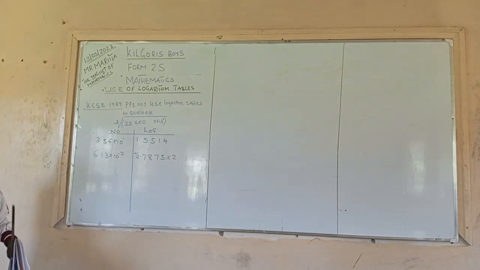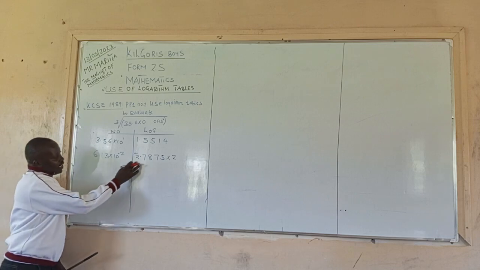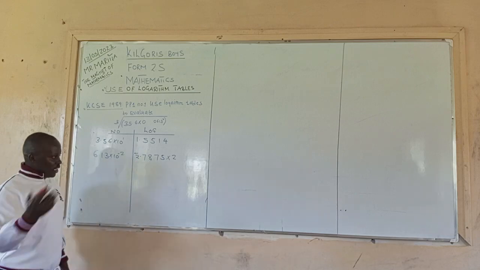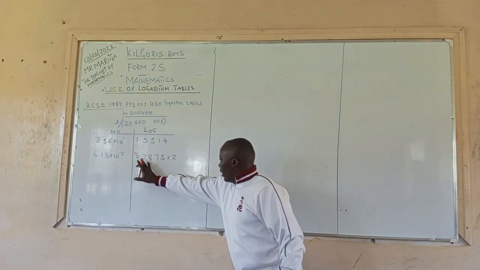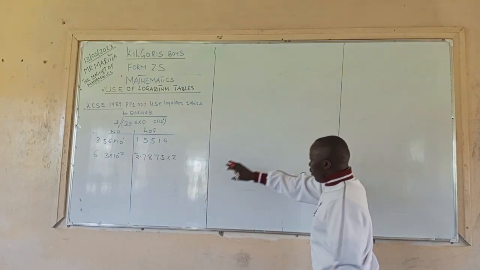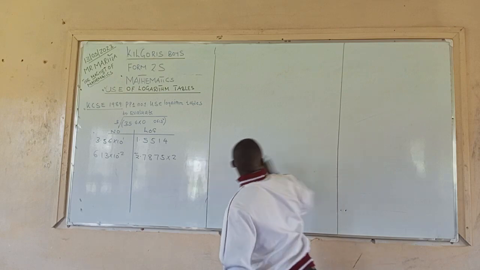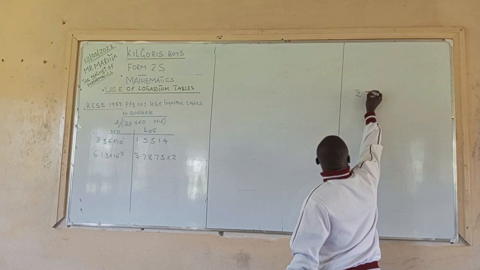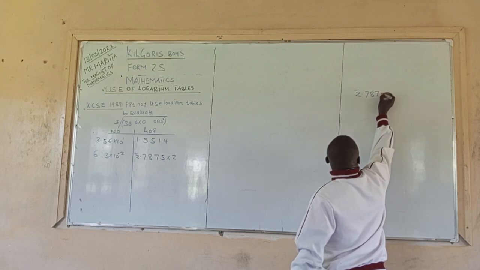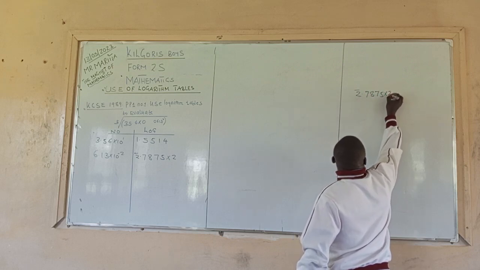Now, you are not supposed to use the calculator directly because you will get a wrong answer. To work out this one, you are supposed to separate the characteristic and the mantissa. Therefore, we have 2.7875, in this case times 2.